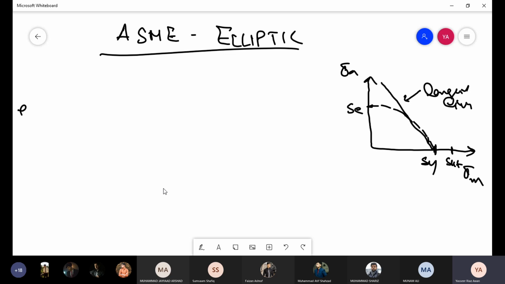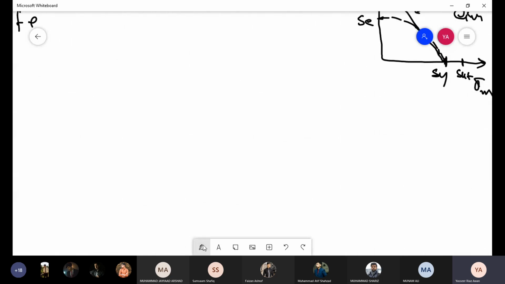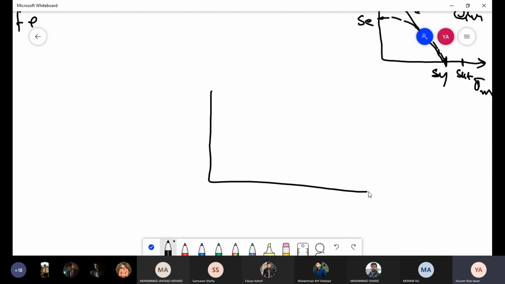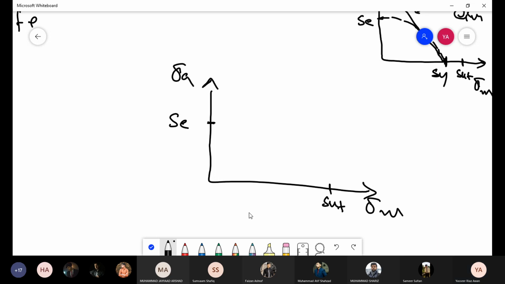And lastly, another criterion. If we had to create another criterion, not knowing any experimental data, we can create another failure criterion ourselves also.